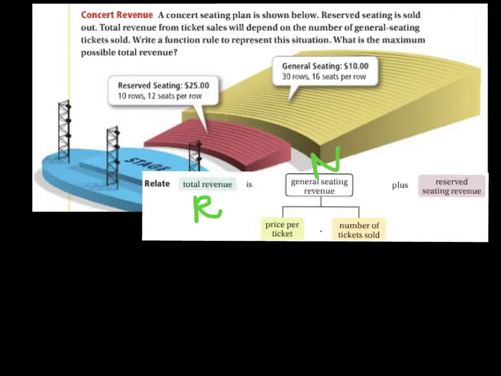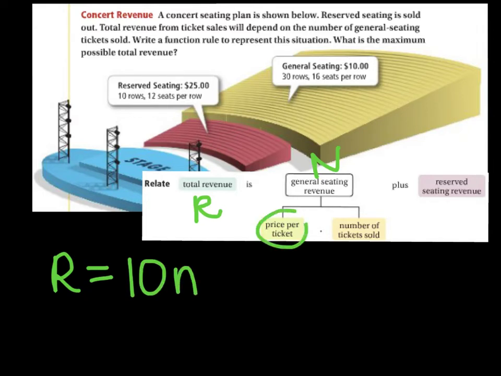Our equation then, the revenue, how much money we make, will be equal to the $10 per ticket. Okay. And that's coming here, the $10. And then it's how many tickets are sold. So R equals 10N plus we have our reserve seating.